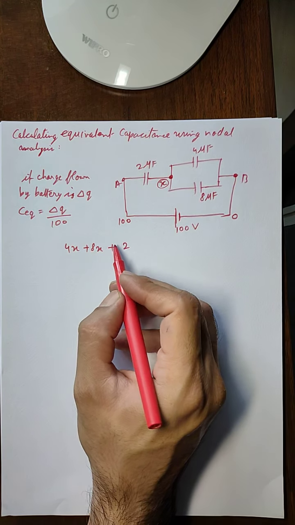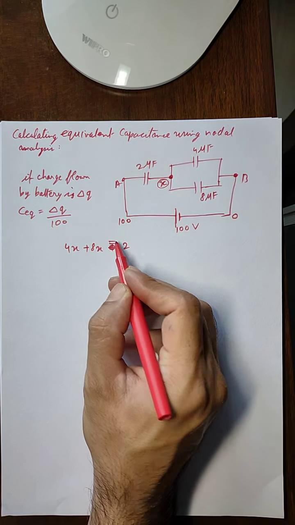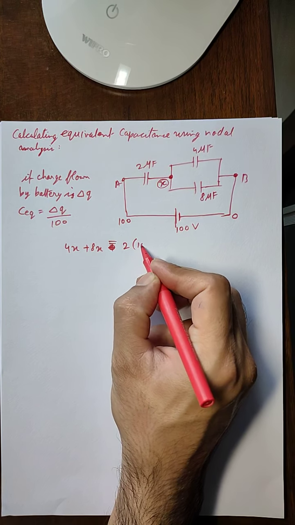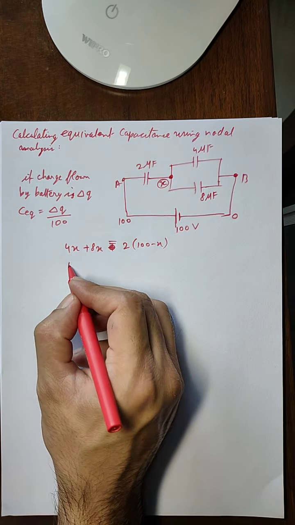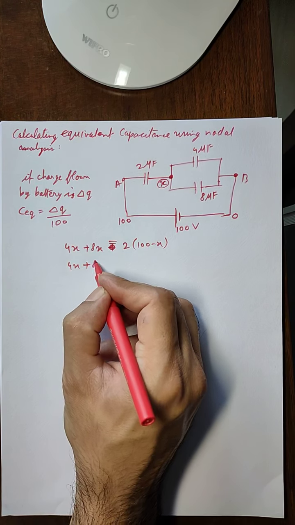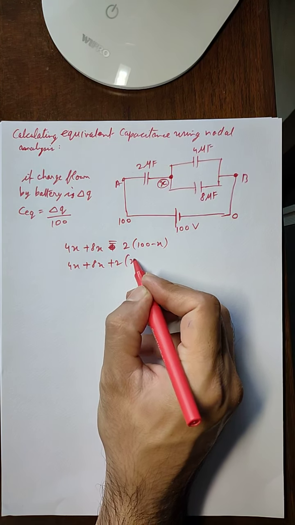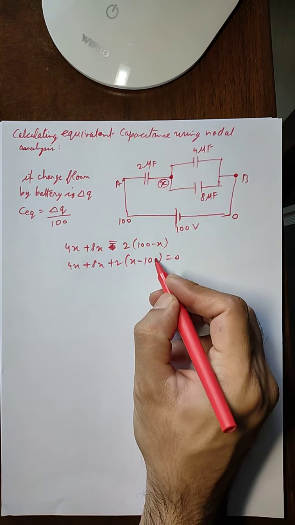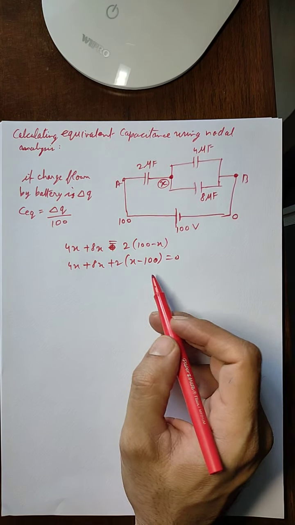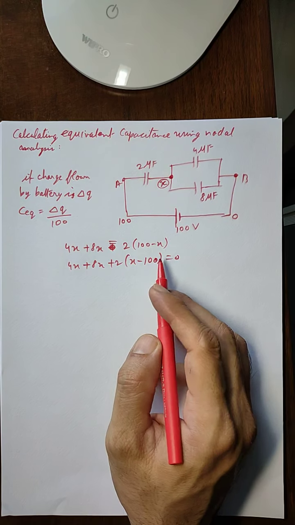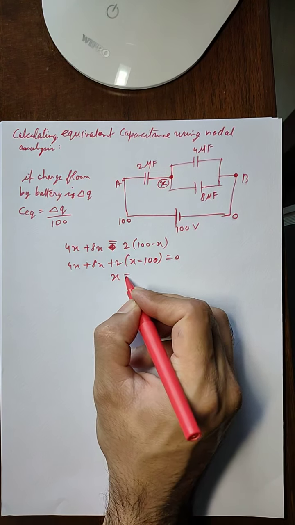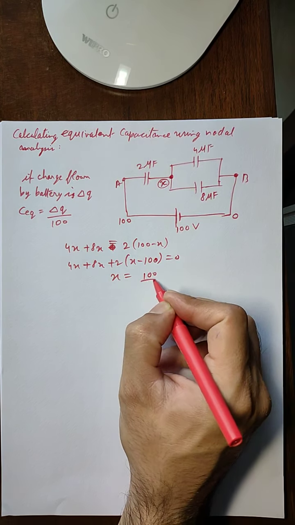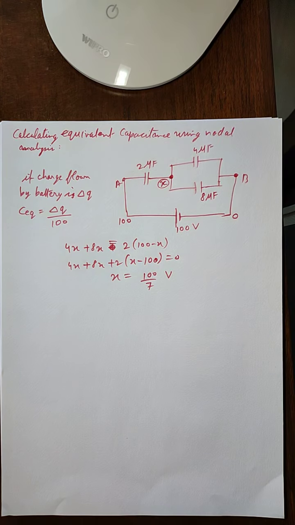So to get the equation, that all the charges are equal to 0, we write 4X plus 8X plus 2 times (X minus 100) equals 0. If we solve for X, we will get X equal to 100 by 7 volt.